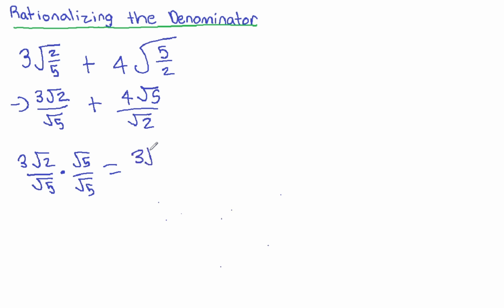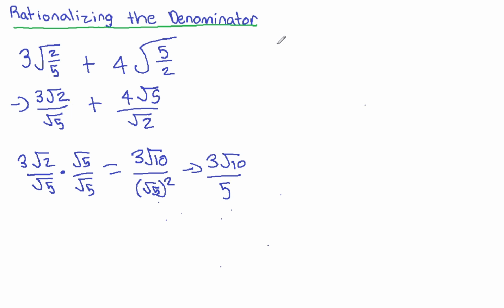So you get 3 root 10 over root 5 squared, and that is just 3 root 10 over 5. So this is simplified to this.